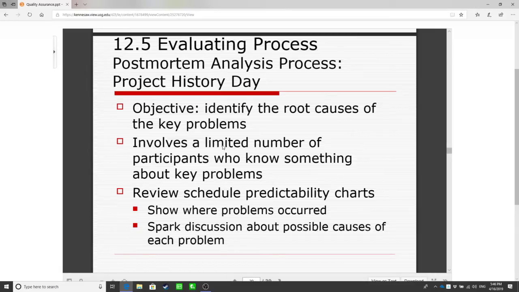Okay, so the objective of post-mortem analysis, on the project history day, is to identify the root causes of the problem, and it involves a limited number of participants who know something about the key problems, and review the schedule predictability charts.